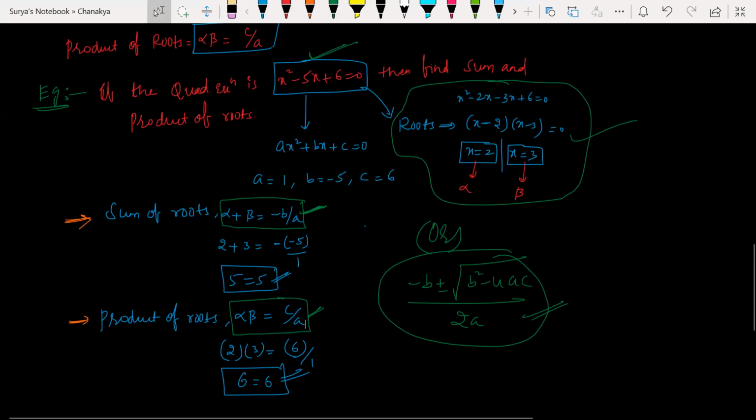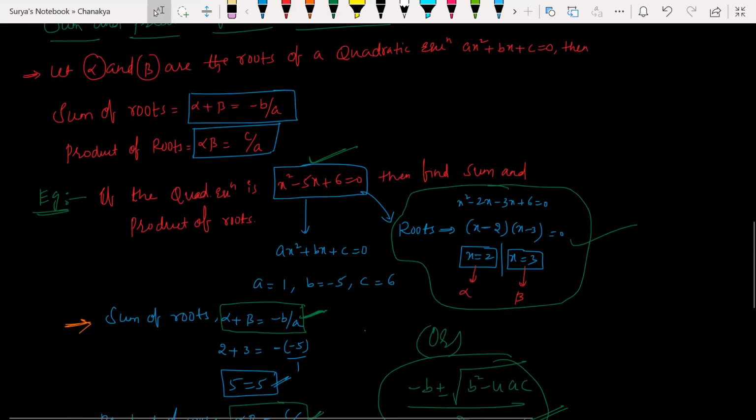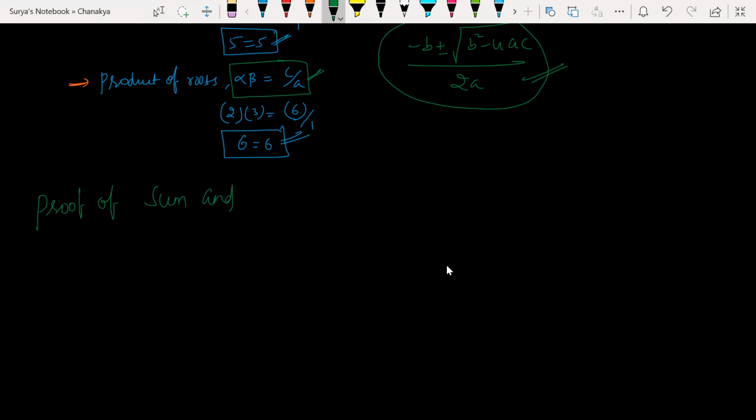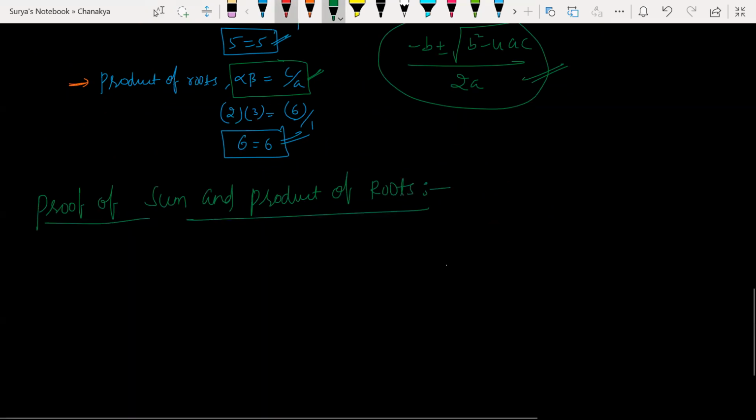Now Anudeep has asked me to prove the sum of roots and the product of roots, right? Yes. So look at this, Anudeep. Let me prove. Proof of sum and product of roots.